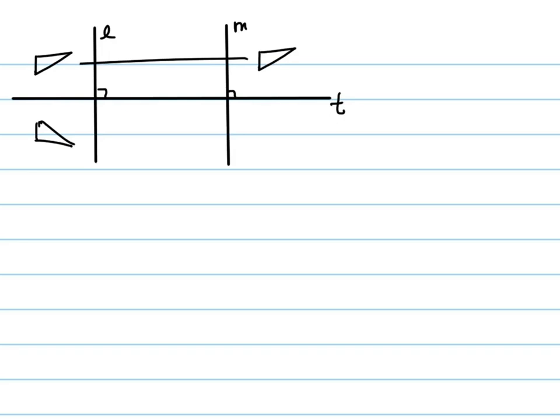Okay, a few facts about glides. All right, fact number 1 is that this glide is a composition of reflections, and it's actually able to be done in this order as well.